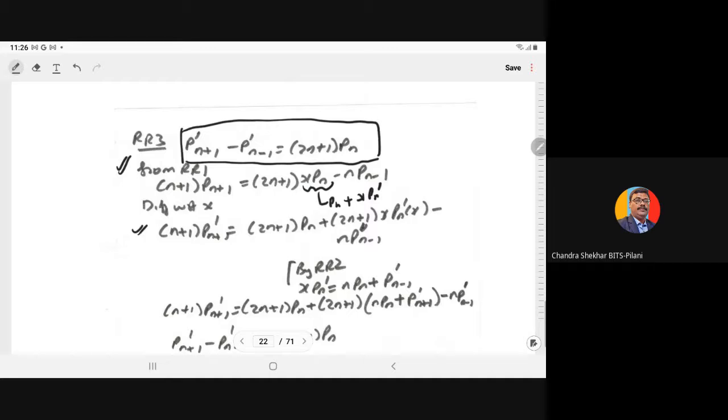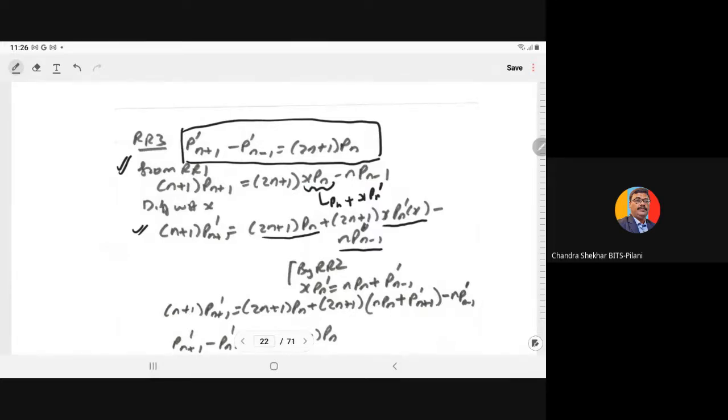But what is the differentiation of x into Pn? By parts, if you do, it will be Pn plus x into P'n. So that is written here. It is (2n+1) into Pn plus (2n+1) x into P'n minus n P'n-1.